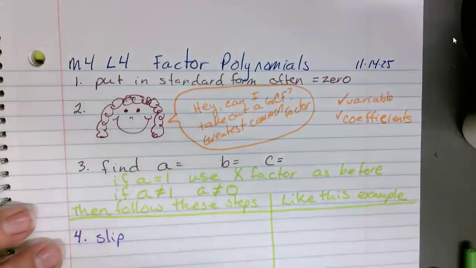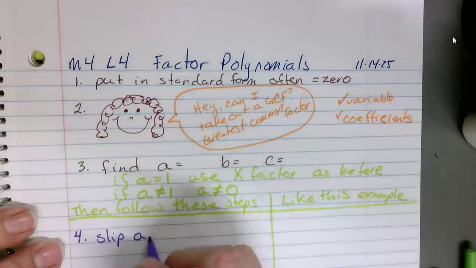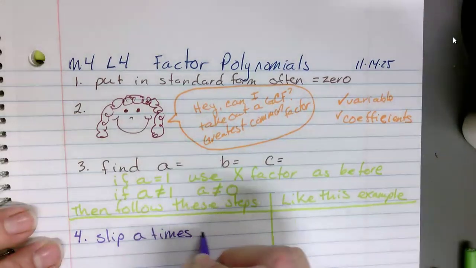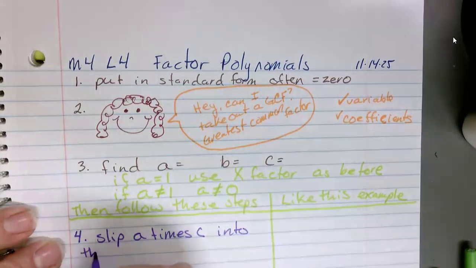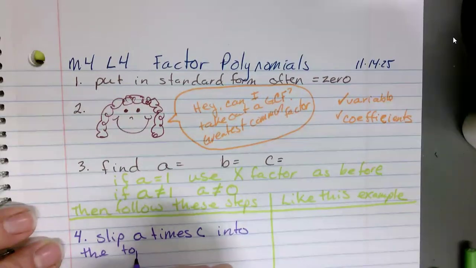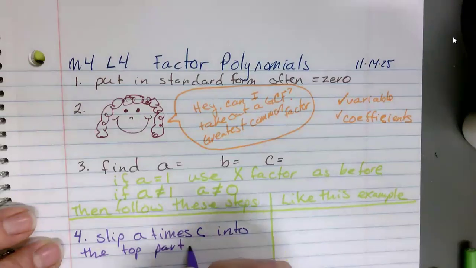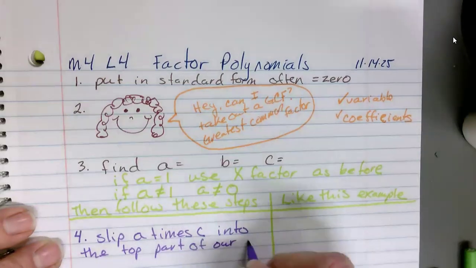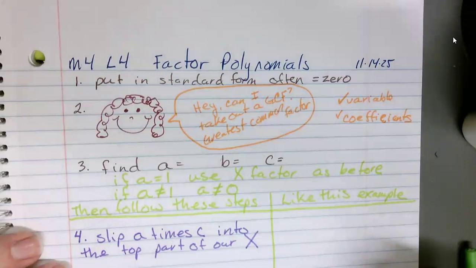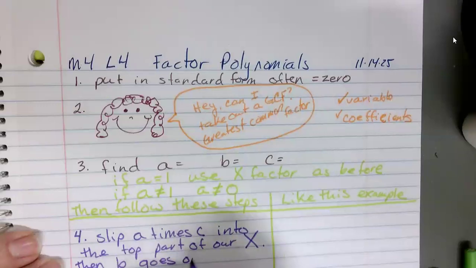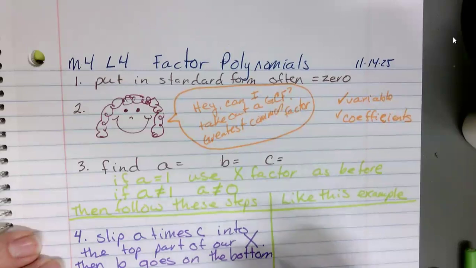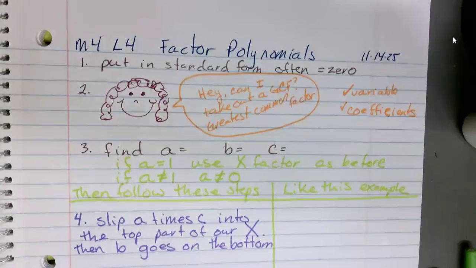We're going to slip A times C into the top part of our X in our X factor, then B goes on the bottom like before. B on the bottom, B on the bottom. Try to remind yourselves, B on the bottom.